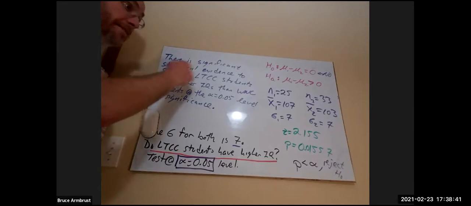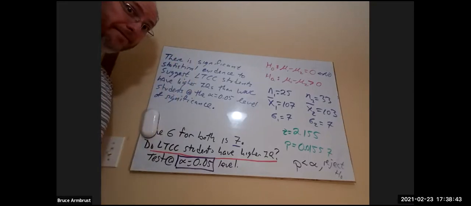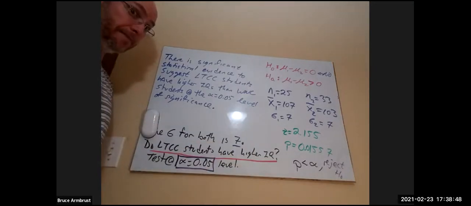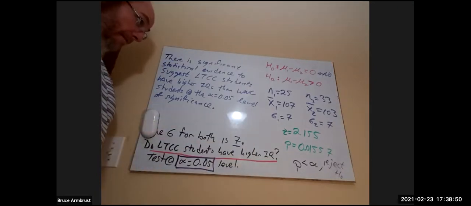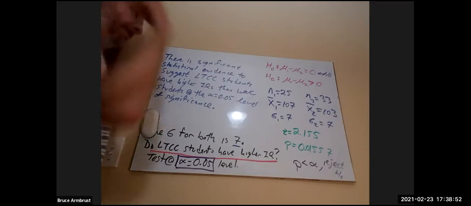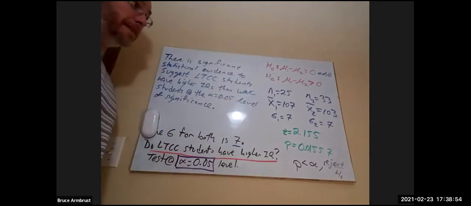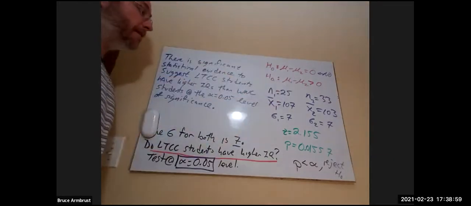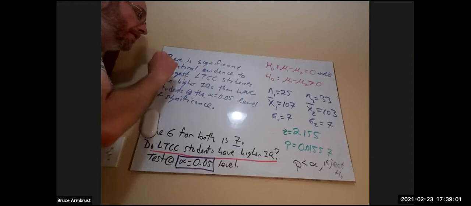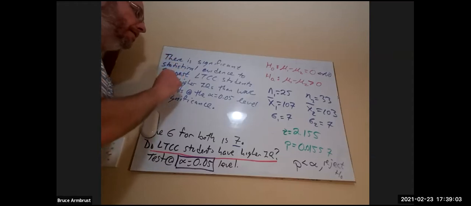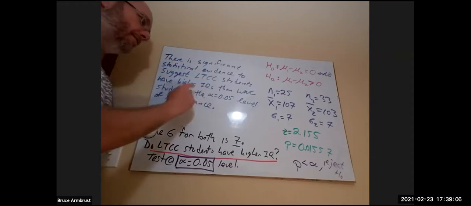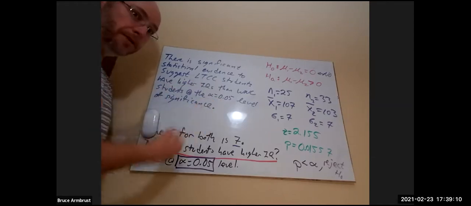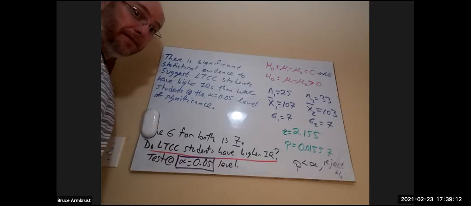Right? We did find evidence. We found enough evidence to reject H naught. So that means that we don't think they're the same. What we tested was greater than. So we've got enough evidence to suggest that LTCC students do have higher IQs than Western Nevada students, but we always want to include at what level of significance.